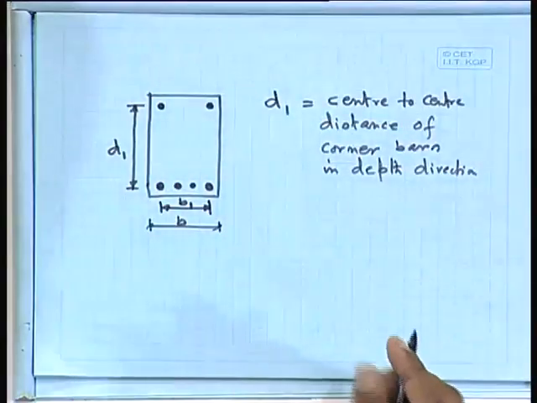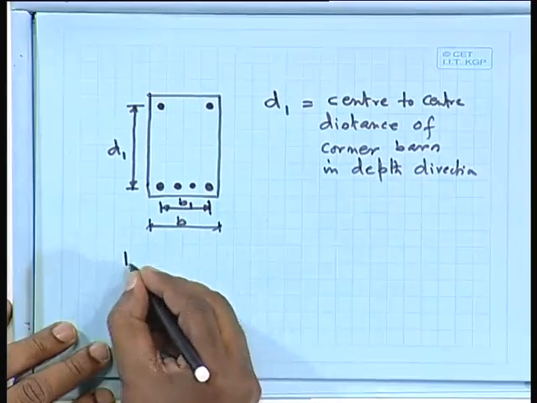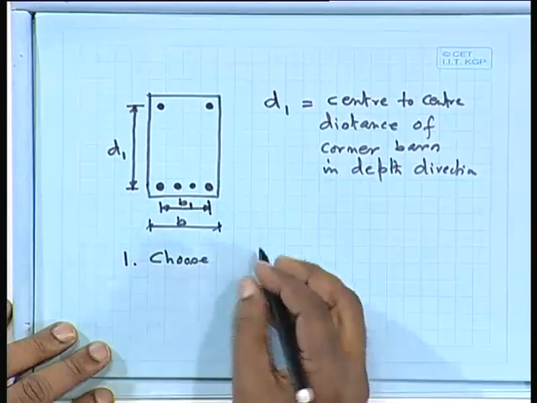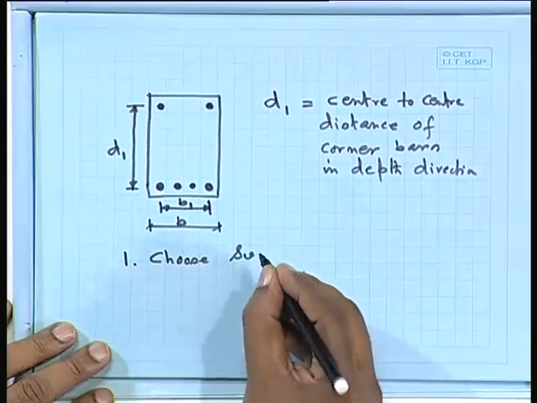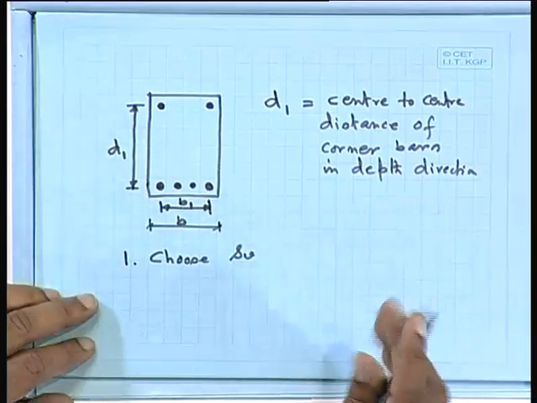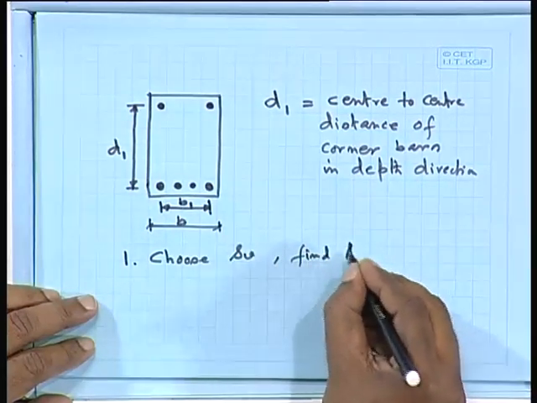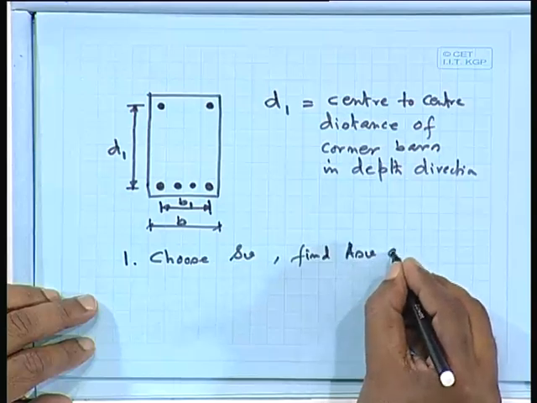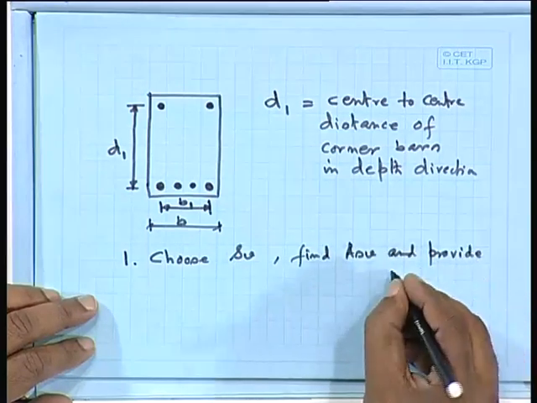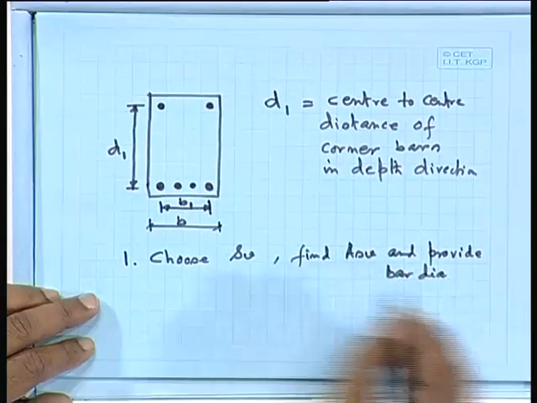So the thing is, number 1: choose SV as per the code, that it should not be more than a certain value, all those things, and find ASV and provide that bar diameter. This may be one case.